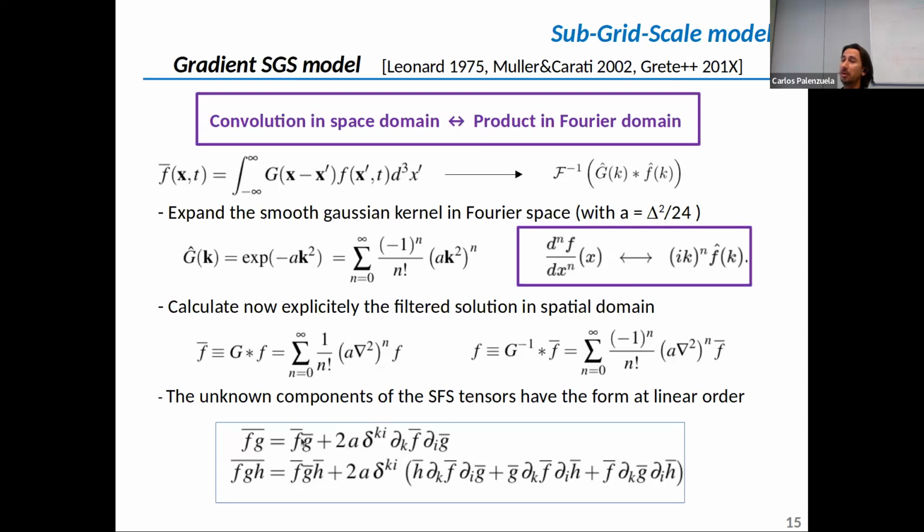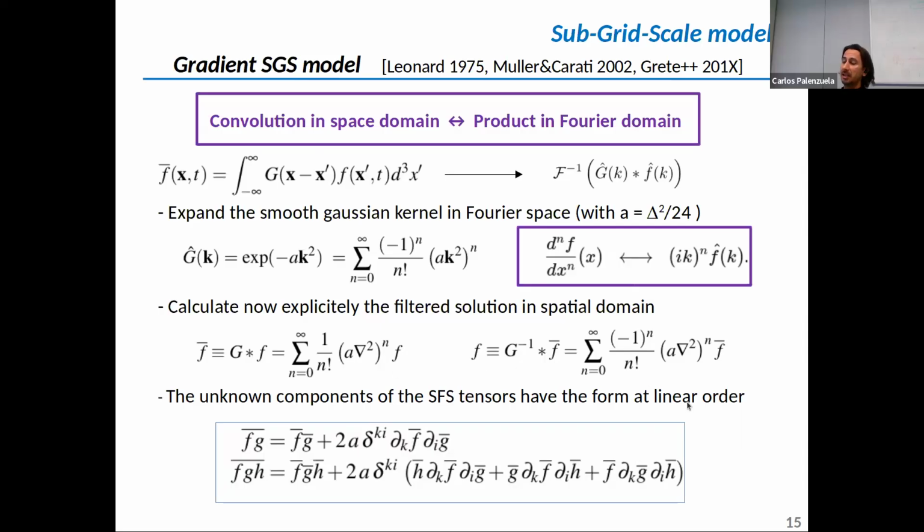At the lowest order, the average of a product is just the product of the averages, plus at the next order there is a term that is the scalar product of the gradient of the averages. And this is why it is called gradient model.